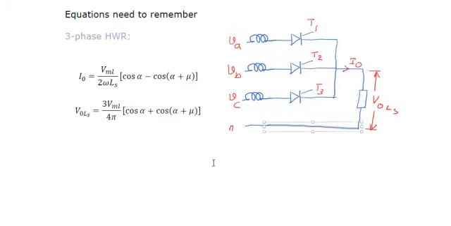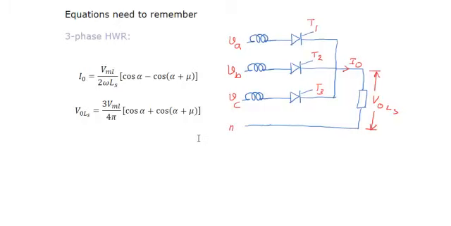Then back to V average. As I told you that V average can be represented in two ways. One is with mu and without mu. If you want to represent with mu, as I told you that we need to replace the cos alpha with cos alpha plus mu divided by 2.